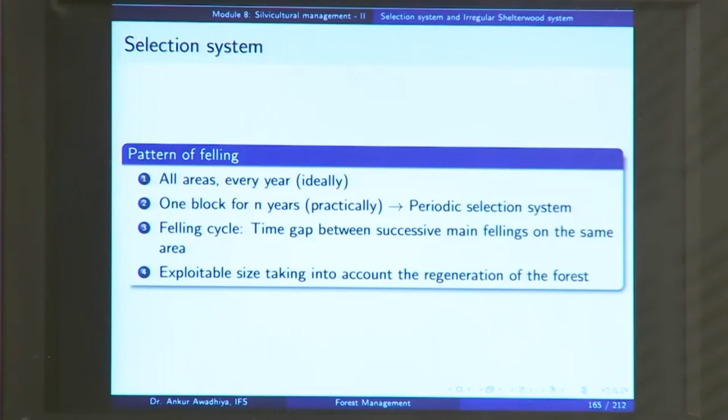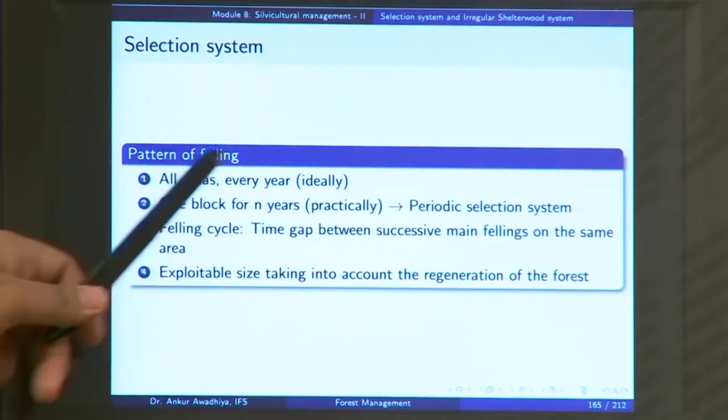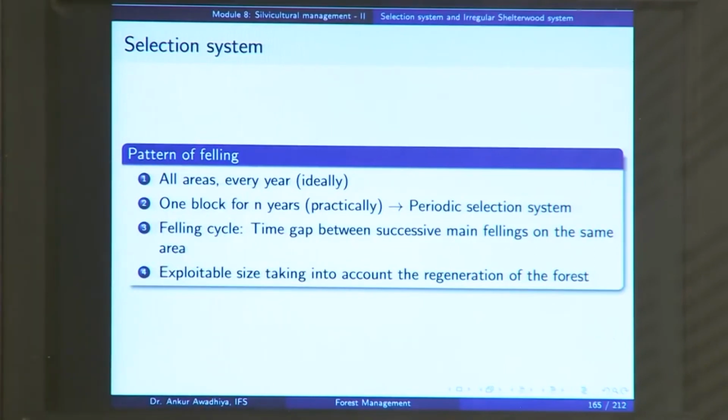Now, this sort of a system makes for a periodic selection system, because for every period you are working on only one block. Now, this period is not necessarily 1 year. You can even say that to work your first block you might require say 3 years.